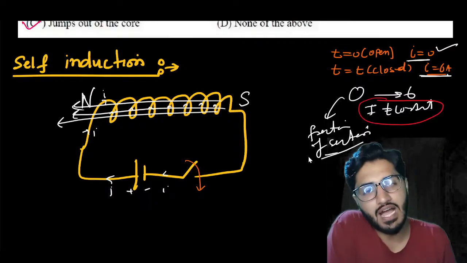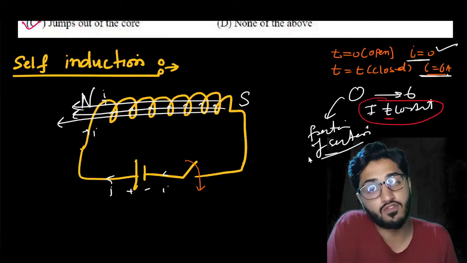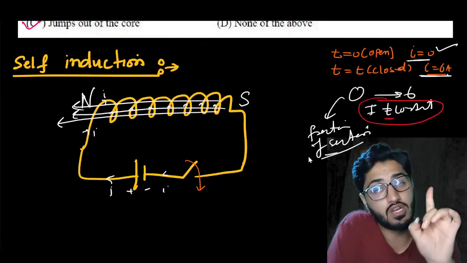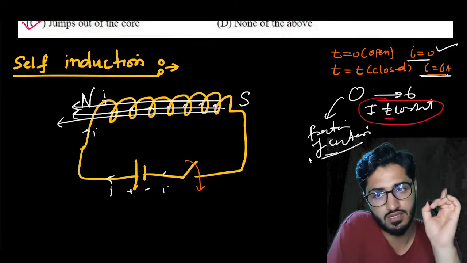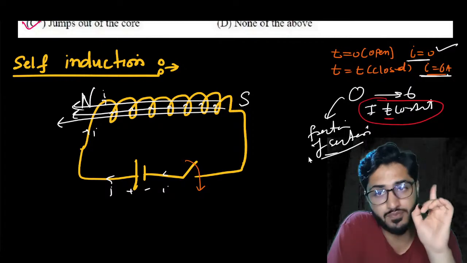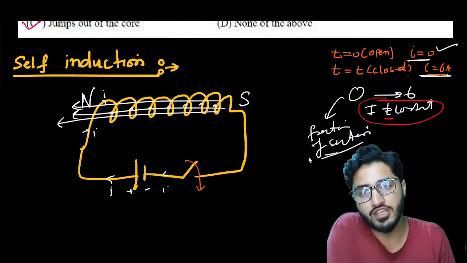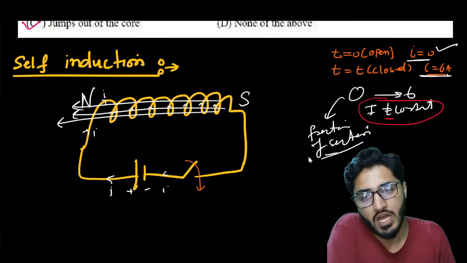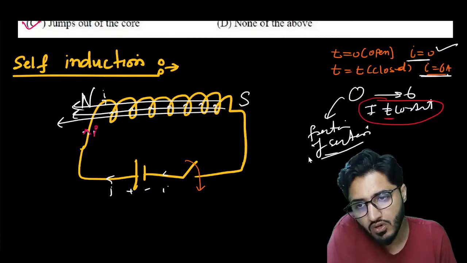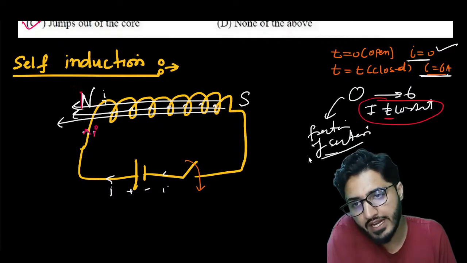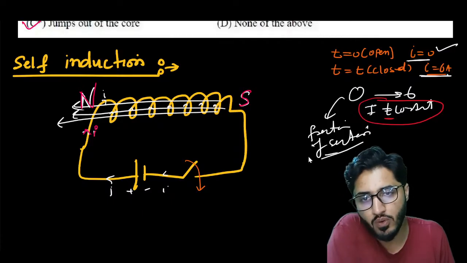Look now, if I is not constant, this process is only for fractions of seconds. Now you can see, sir, current is flowing through it, no issue. And here we are getting my north pole and south pole.